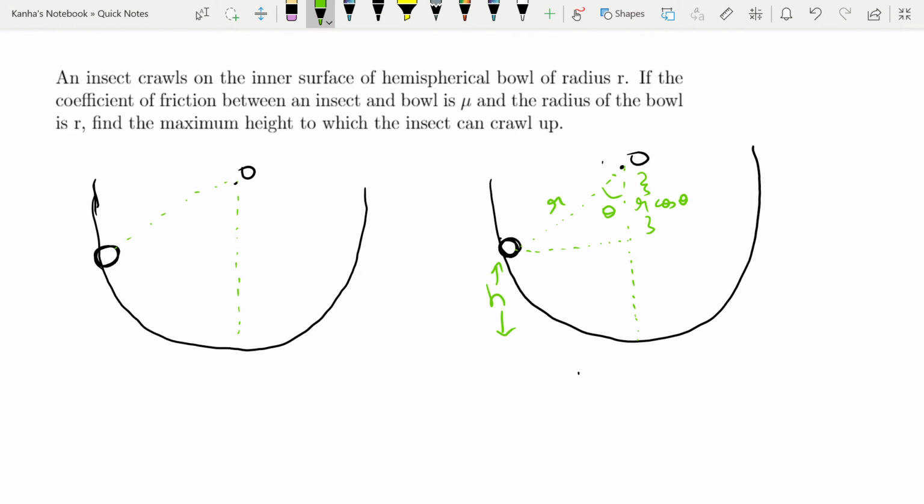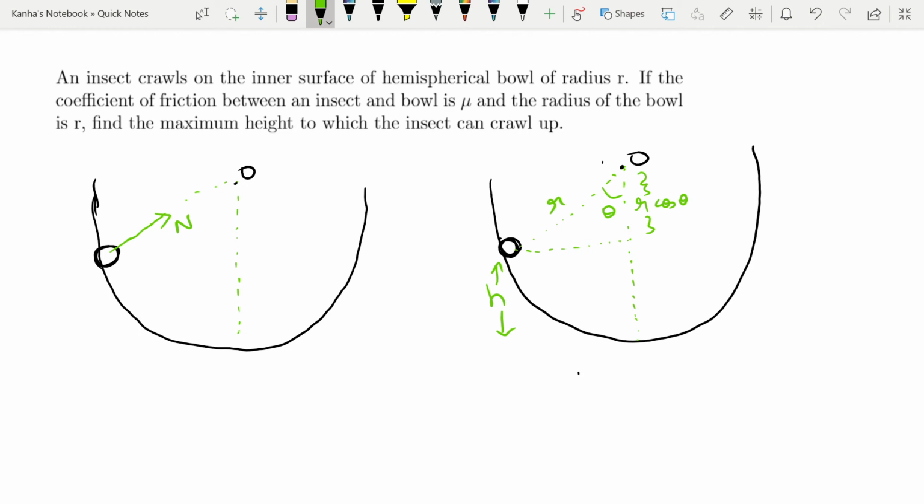Till now we were not considering the frictional force, but now because it's a rough bowl, the first contact force is the normal force because it is in contact with it, and the second contact force will be the frictional force. Now the direction of the frictional force will be to oppose the net motion, any external force that is applied to it.